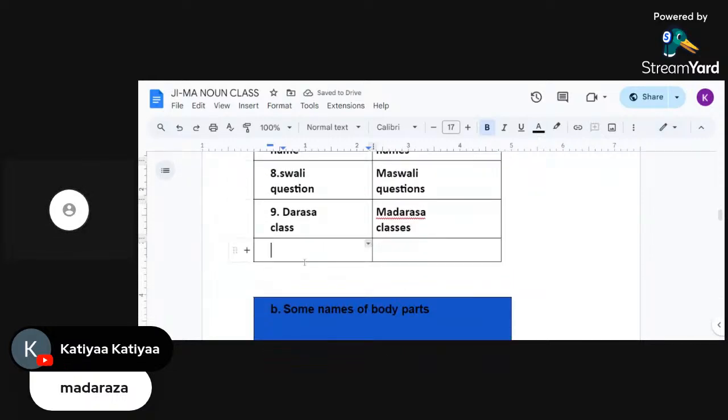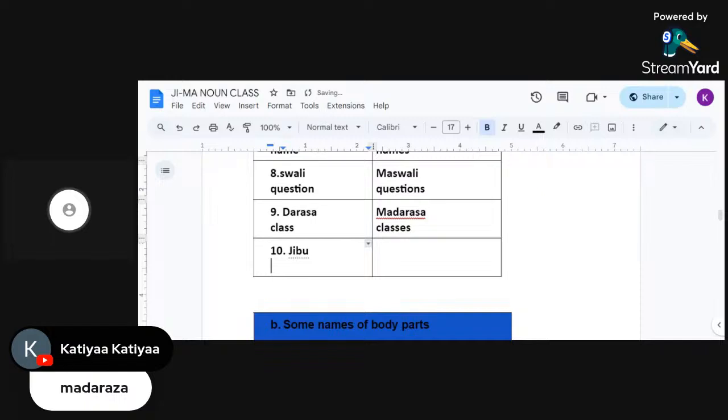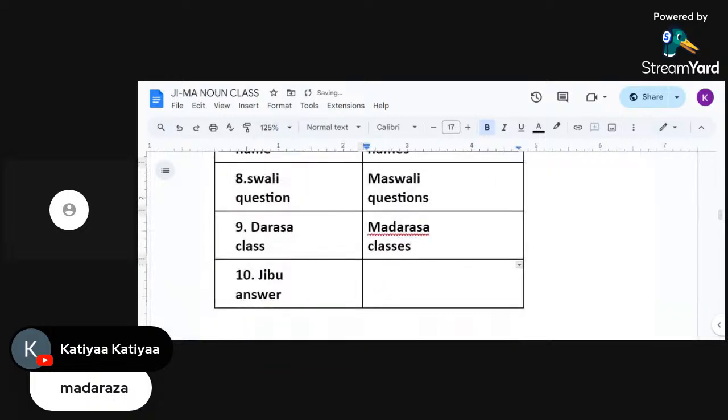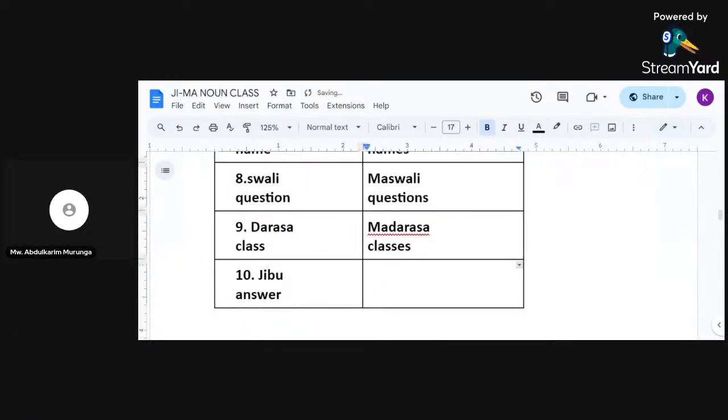Next one, number 10. Answer, we say jibu. Jibu is an answer. The question is swali. How do we say answers? Plural, answers. You write in the chat.